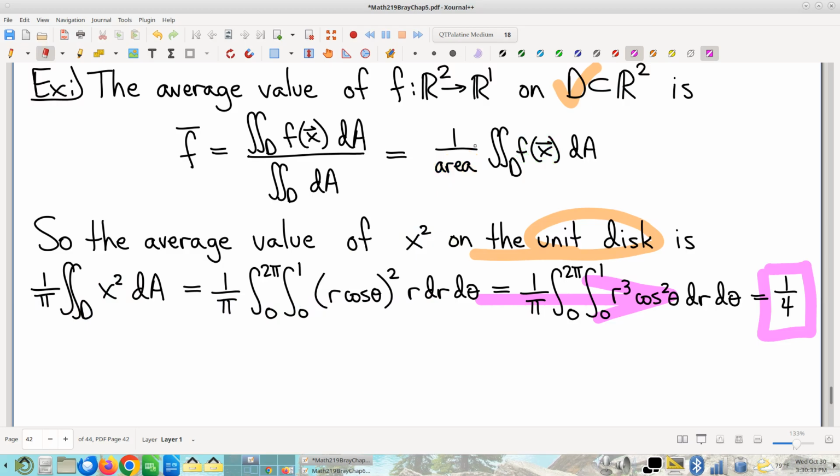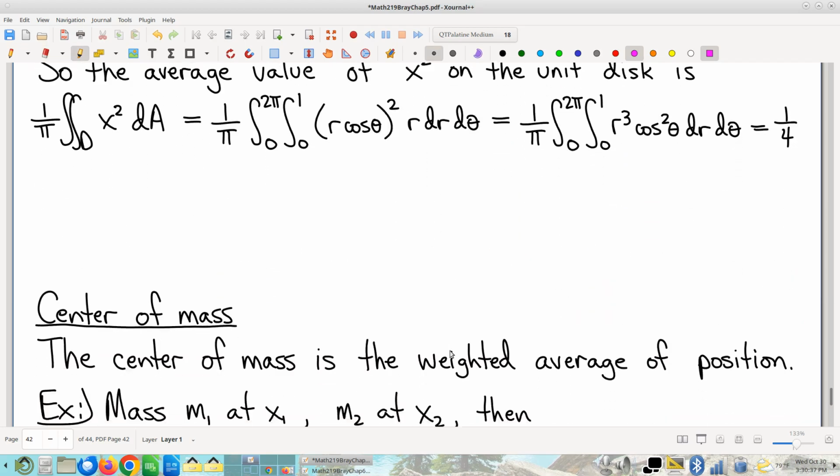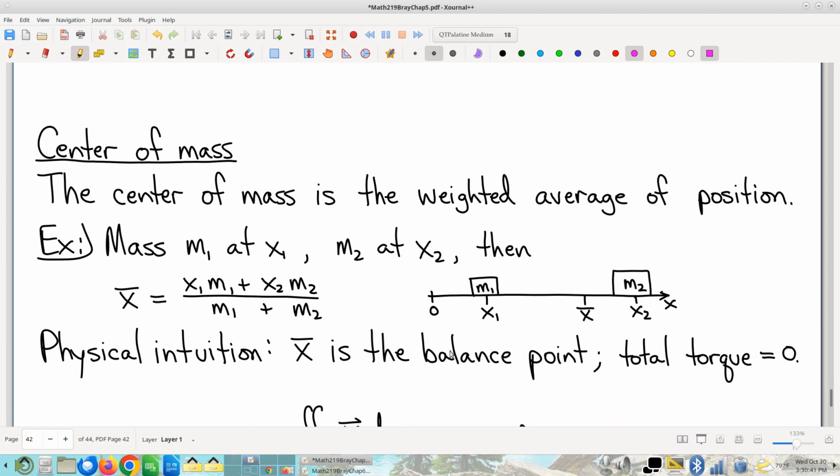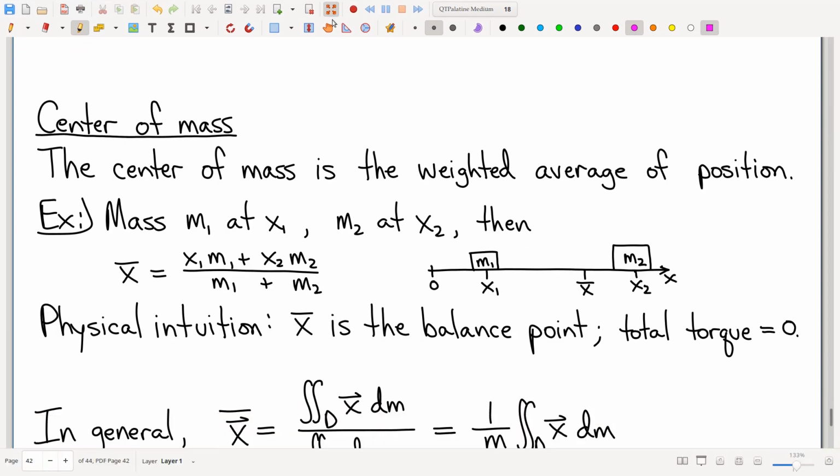Among other applications of the idea of the average value of a function, it turns out the idea of center of mass makes loads of sense from the point of view of weighted averages. I think this is a lovely take: center of mass is the weighted average of position. It's so crisp, so succinct, right?